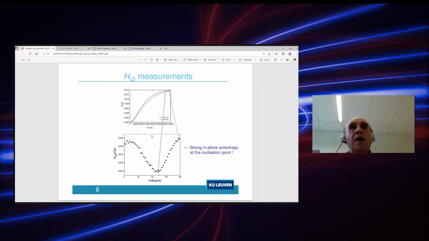And for different directions and different temperatures, we obtain a family of such curves. So here two such curves are shown, resistivity as a function of field, and for different directions. And then we extract from these curves the second critical field.